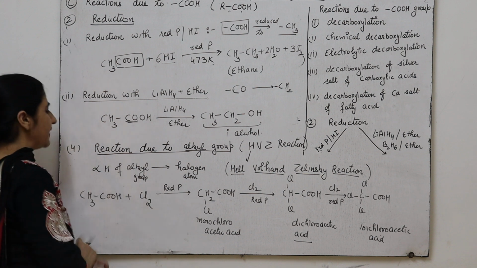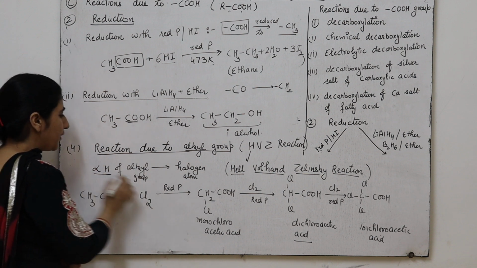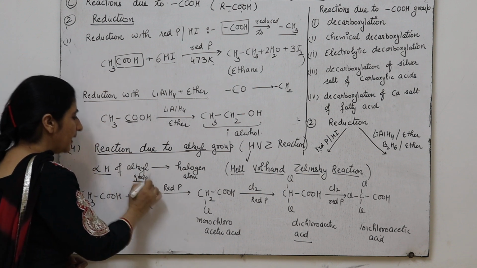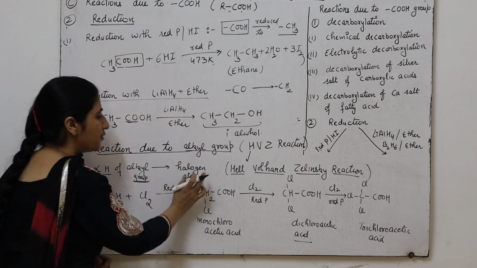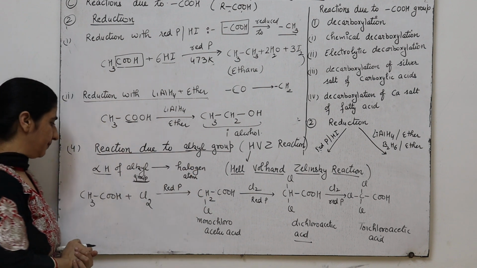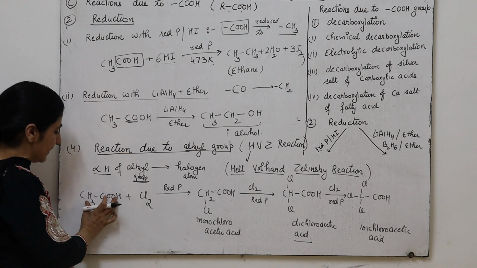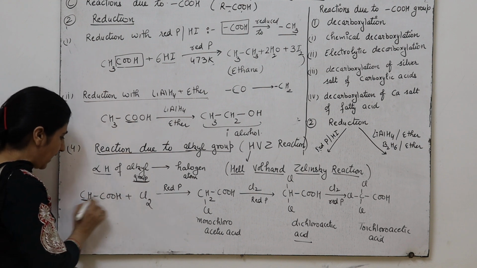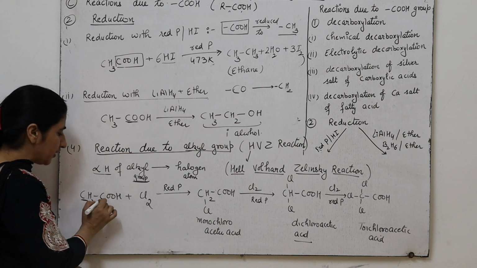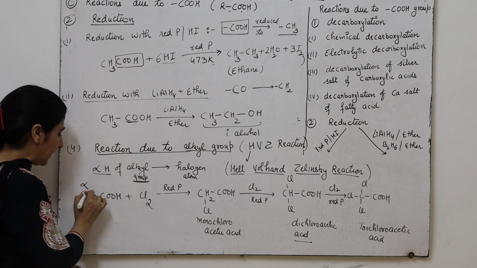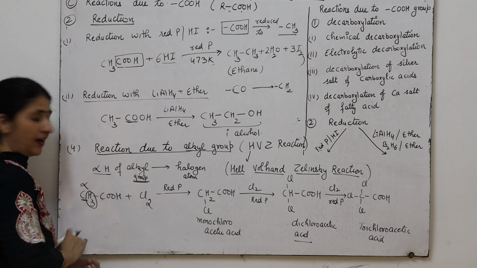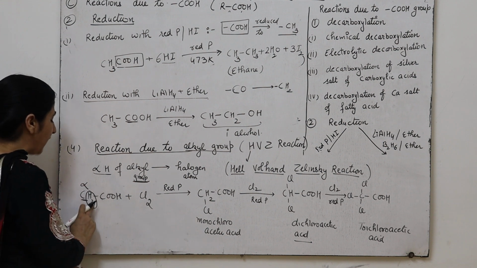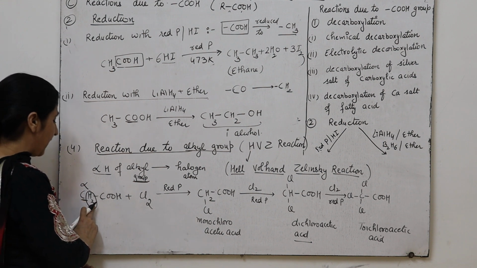In this case, the alpha hydrogen atoms of the alkyl group are replaced by the halogen atom. Here we have acetic acid reacting with chlorine. The carbon next to the functional group is the alpha carbon, and its hydrogen atoms are alpha hydrogen atoms. In this case, we have three alpha hydrogen atoms.